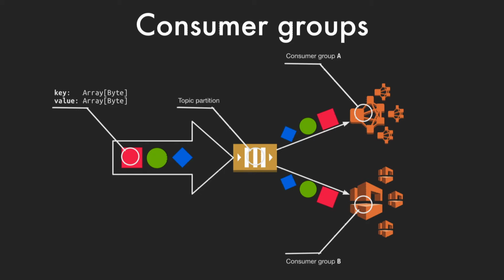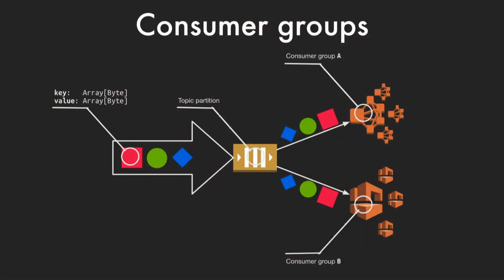So that essentially gives you broadcast semantics. And the values that go into Kafka, and you might have noticed it on a few slides previously, are just arrays of bytes. There is no strong typing. So what you put in is a key as an array of bytes, and a payload as an array of bytes, nothing else. So it's your responsibility to deal with it on the clients.